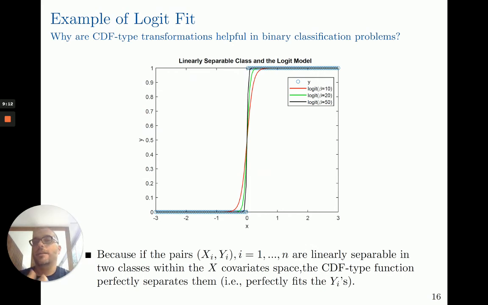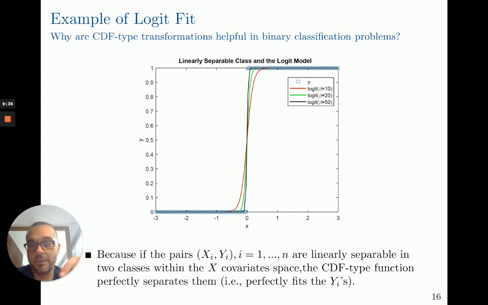And why are CDF type transformations helpful? Look at our example where you have the scatter plot of the x's and y's, the blue circles. Here we have Logit fits with beta equal to 10, 20, and 50.